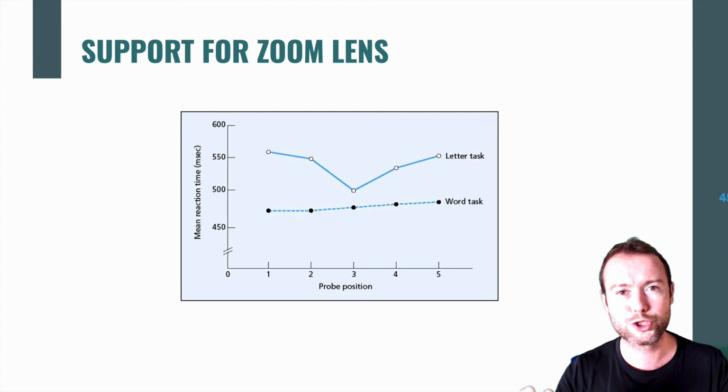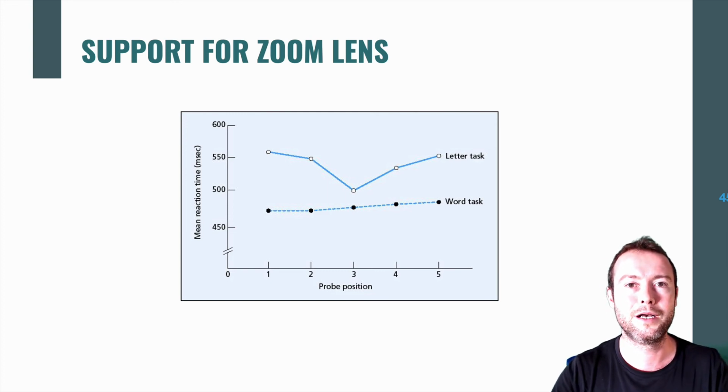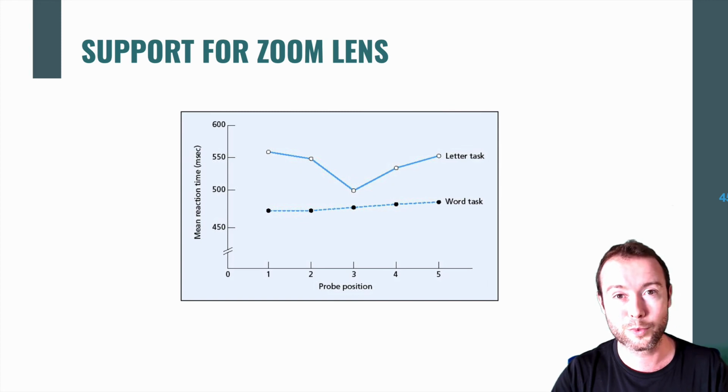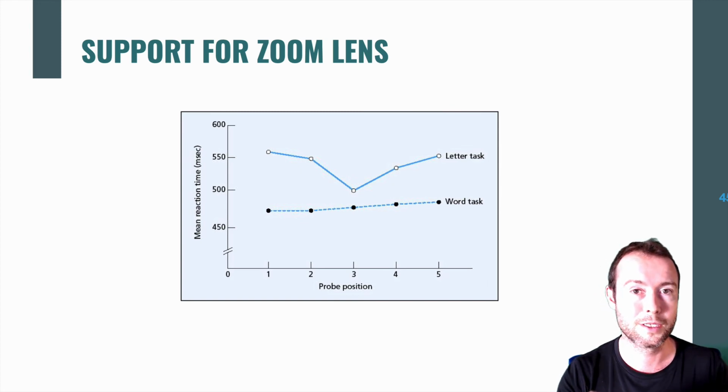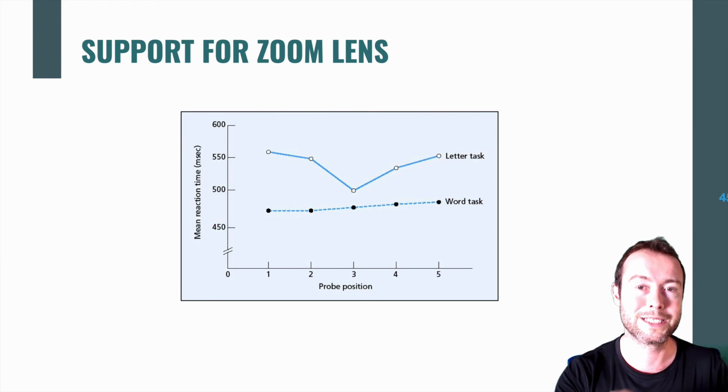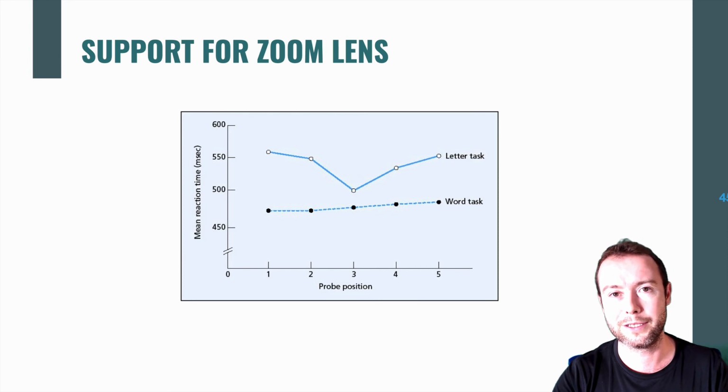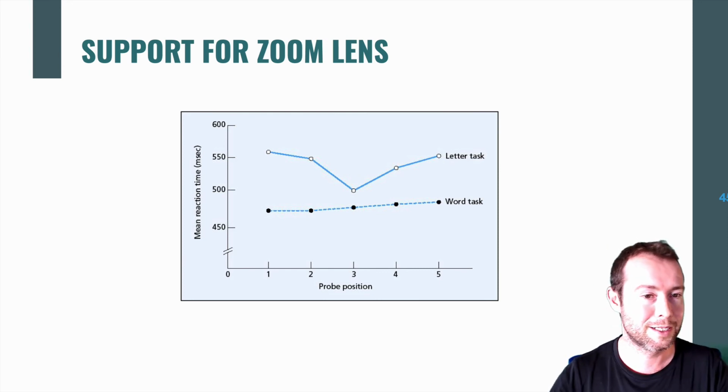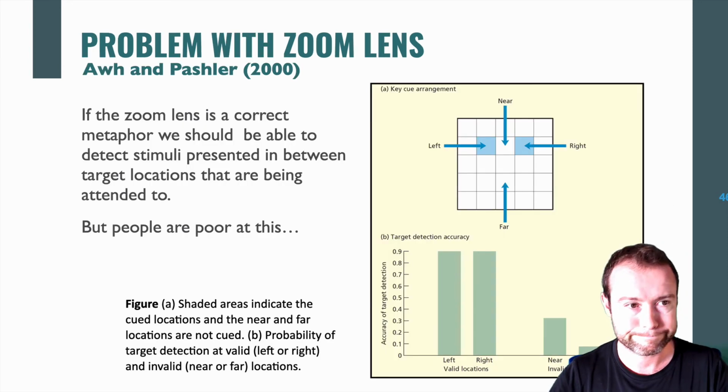So again, it should be within your visual field, but it's supporting this idea that clearly when the task demands that you focus on a much narrower region, it's only then that we're detecting the probe when it appears in that location, whereas we are a little bit slower when it appears outside of this region.